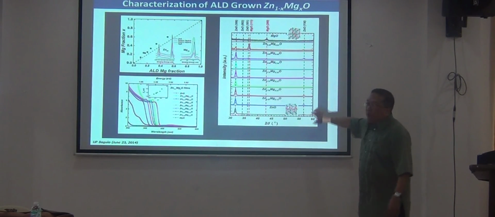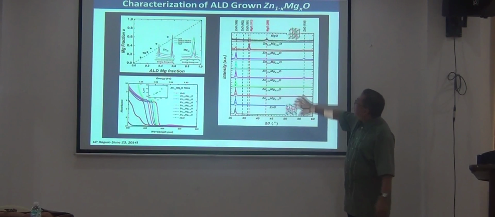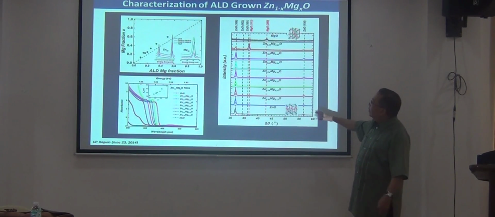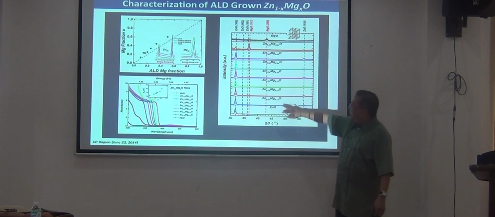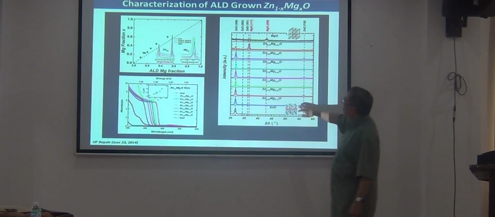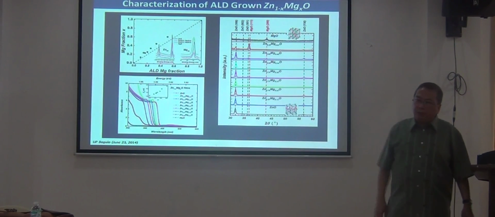We can also probe the structure of these films, and again, without going into any details, we're able to see crystal structures associated with zinc oxide and magnesium oxide, and some in between.